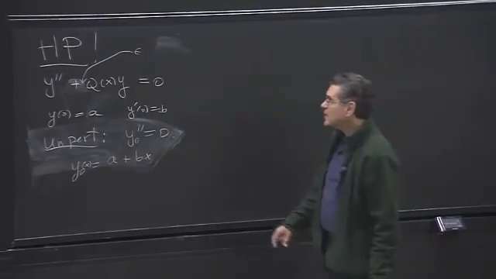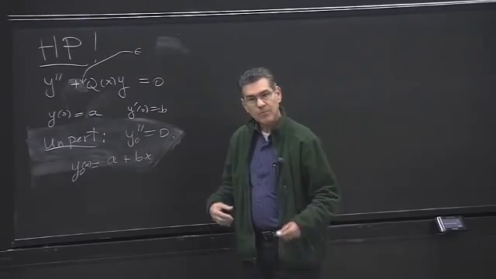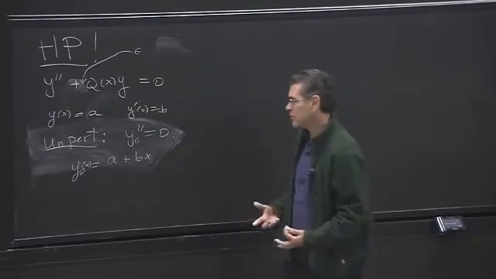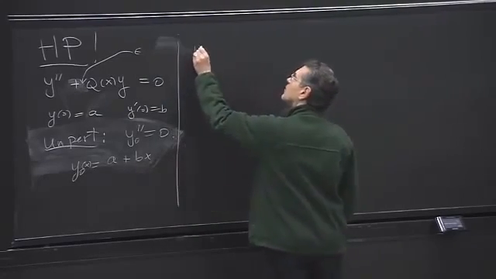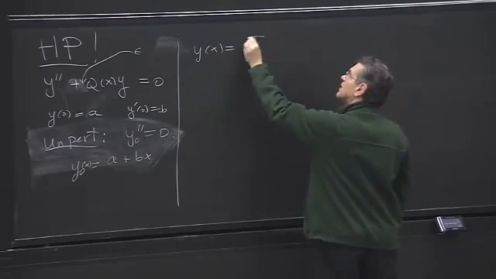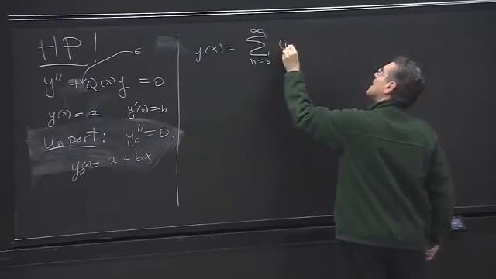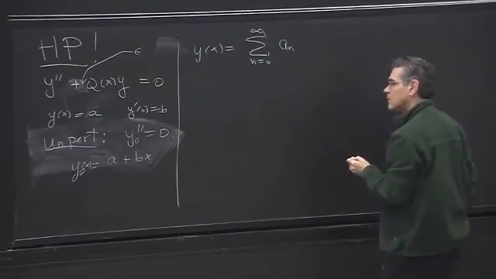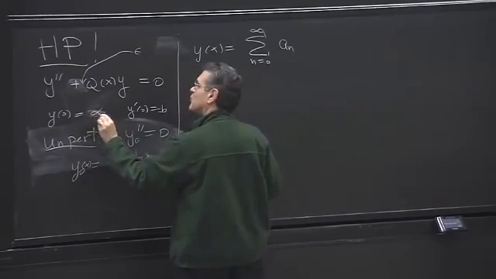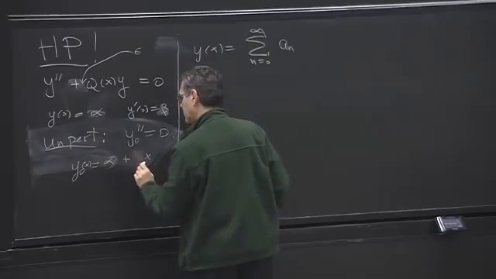Now, I assume that the solution to my problem is a formal, Taylor-like perturbation series. So I'm assuming that y of x, the full solution here, has the form sum from n equals 0 to infinity a sub n. Oh, I don't like that. Do you mind if I change that? Let's call this alpha and beta, so we don't get confused.